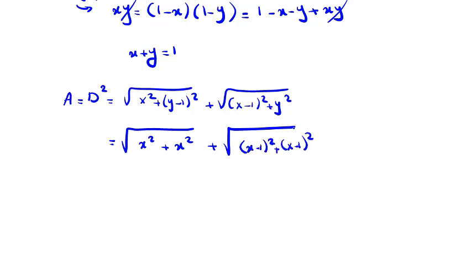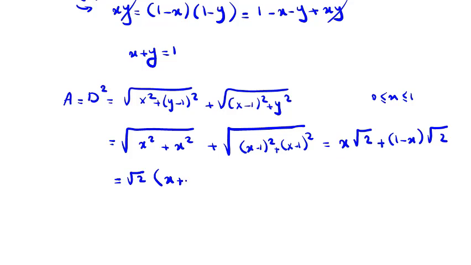So it is the first one, because we said x is positive, it will be x root 2 plus the absolute value of 1 minus x root 2, because here we know x is between 0 and 1, so the absolute value of x minus 1 is 1 minus x. We can factor out root 2, and x plus 1 minus x cancels, which equals 2.